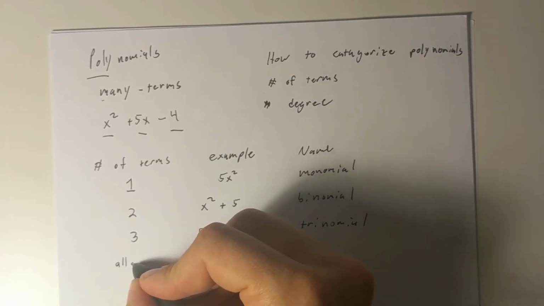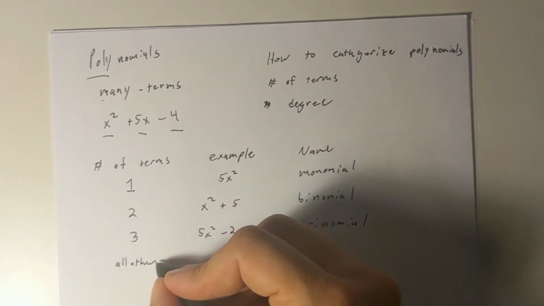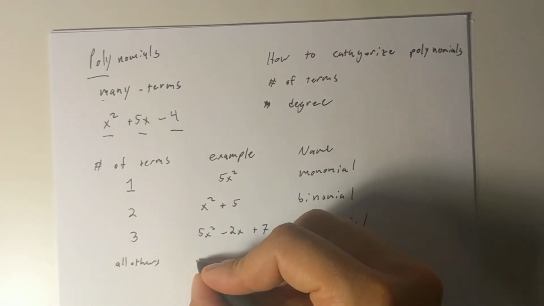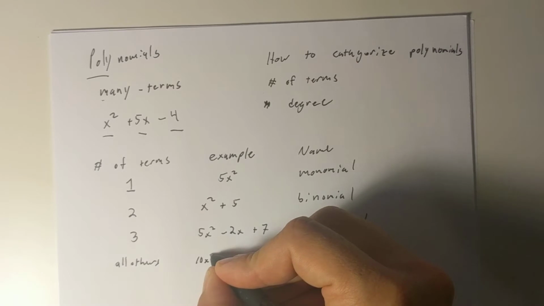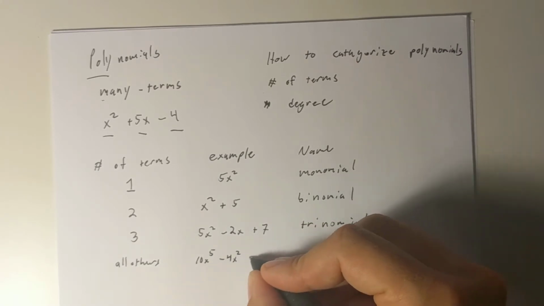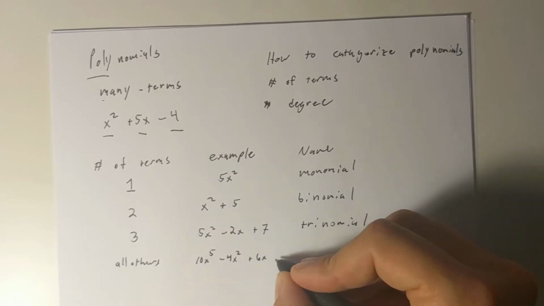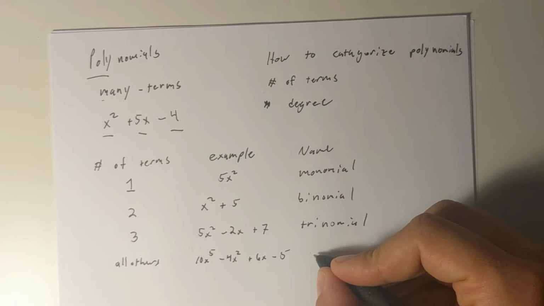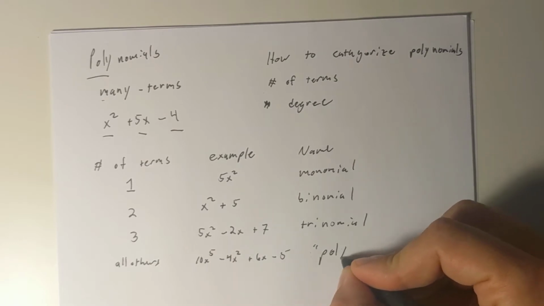All others, so anything above 3, like 10x to the 5th minus 4x squared plus 6x minus 5, that's 4 terms. We just call it the generic polynomial.